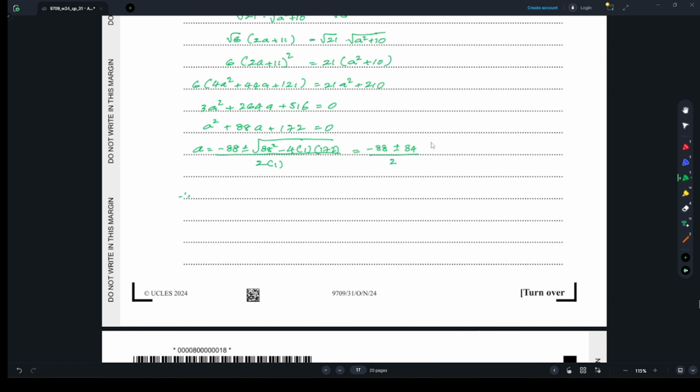Therefore, we can write A equals, considering positive, minus 88 plus 84 divided by 2 equals minus 2, or A equals, considering minus, minus 88 minus 84 divided by 2, which is minus 86. So those are the answers.